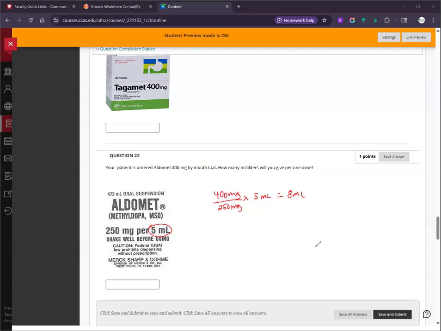What would this answer be if it was, because that was 8 milliliters per dose. What if this were per day? How many milliliters is this patient receiving of this Aldamet per day? Is it 24? Yeah.